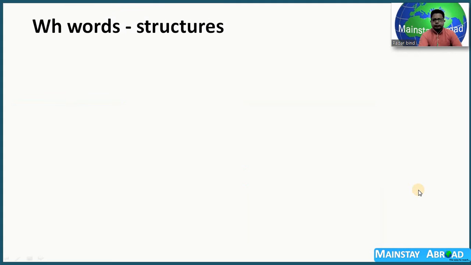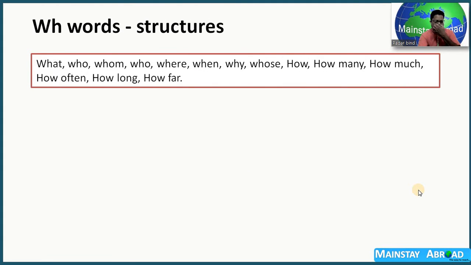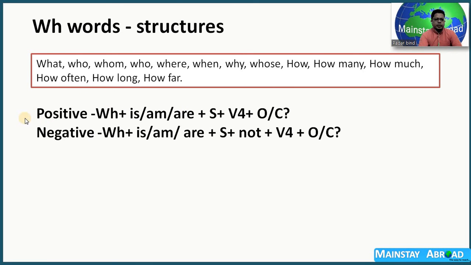Fine. So we can create WH questions also. What is the best part of WH question creation here? We have all these WH words: what, who, whom, where, when, why, how, whose, how many, how much, how often, how long and how far. We can go by this structure: positive WH questions, WH plus is, am, are, then subject, then V4, then object or complement.